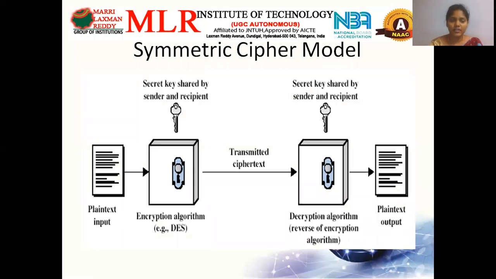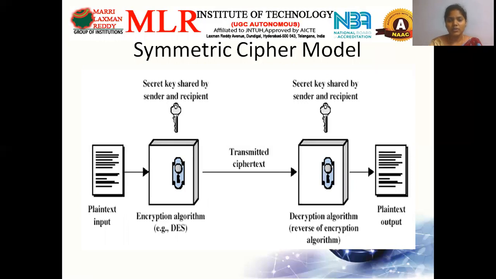Here you have a diagrammatic representation. You can see an input plain text and an output plain text. In between, the plain text is converted to ciphertext by using an encryption algorithm such as DES, and that ciphertext is transferred through the internet medium.